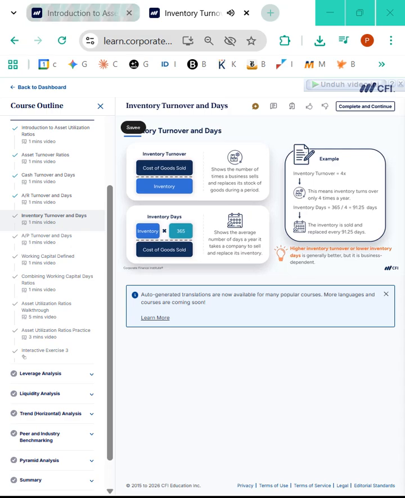But as I mentioned several times already, different industries will have different expectations in terms of how long they need to hold their inventory. To use my grocery store or supermarket analogy again, you would expect inventory turnover to be high or inventory days to be low for grocery stores because a lot of what a supermarket sells is perishable.